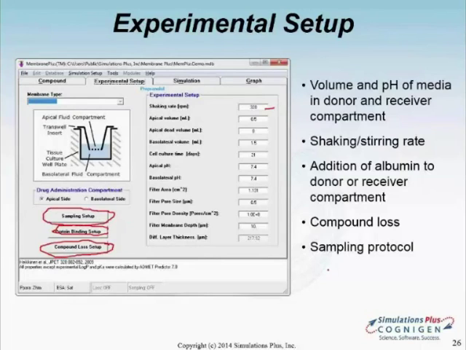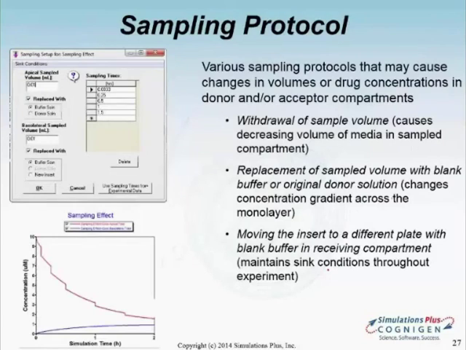The reason why we are giving an option to do a detailed specification of the sampling protocol is really to be able to account for the changes that the sampling, and the way you perform the sampling, could affect the concentration or the permeabilities along the experiment.